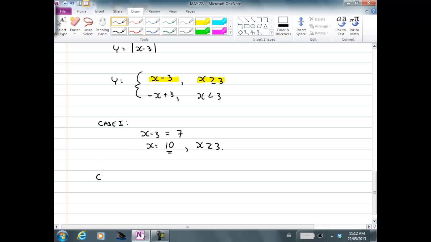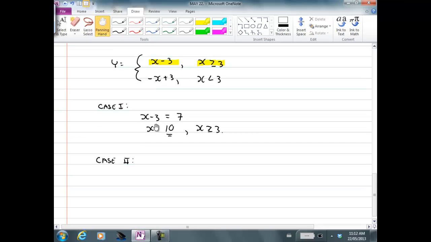Case 2. In case 2, I do exactly the same thing. See? My second piece. I want you to solve for case 2 and write down the full solution for me. So case 2 is negative x plus 3. Now I set it equal to 7. I want you to solve for x. x equals 4?